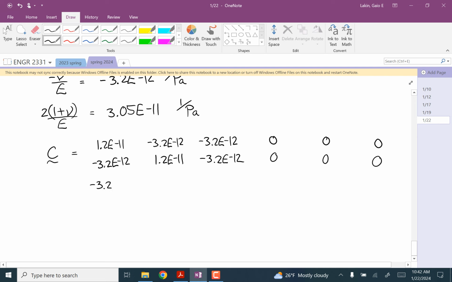Then minus 3.2 times 10 to the minus 12, minus 3.2 times 10 to the minus 12, 1.2 times 10 to the minus 11, 0, 0, 0.